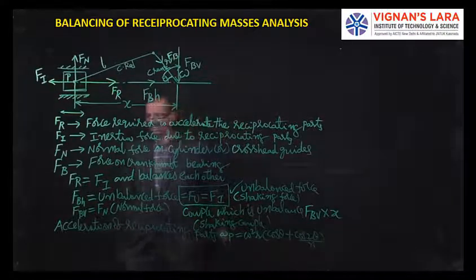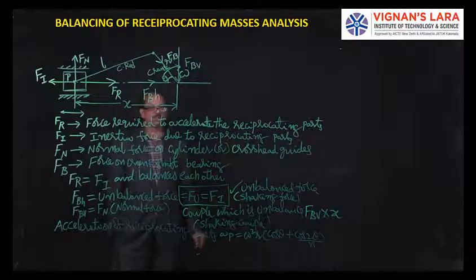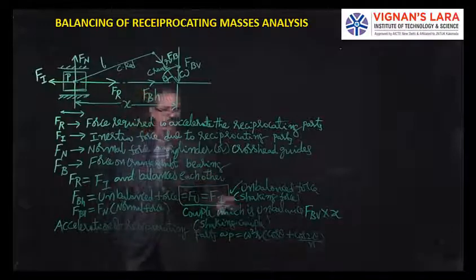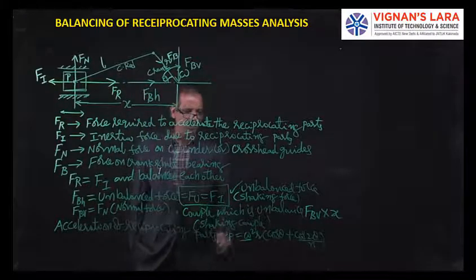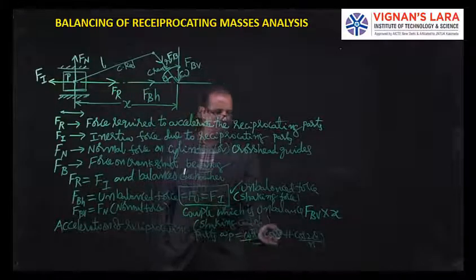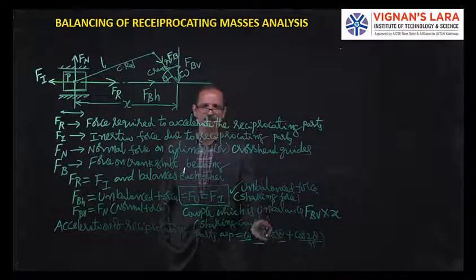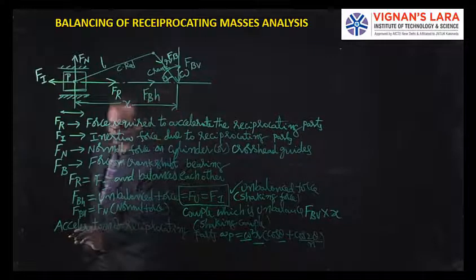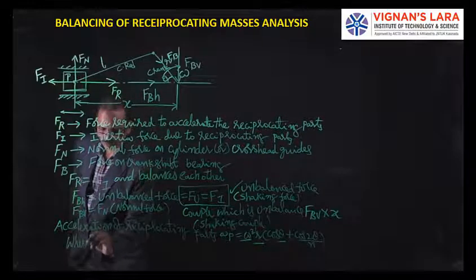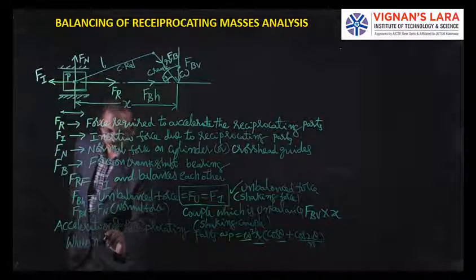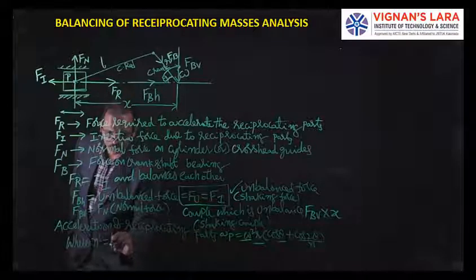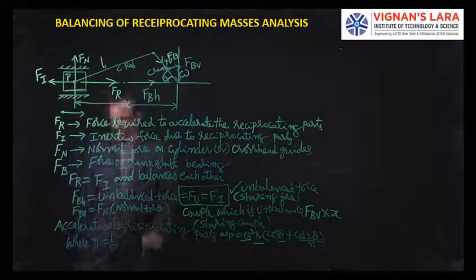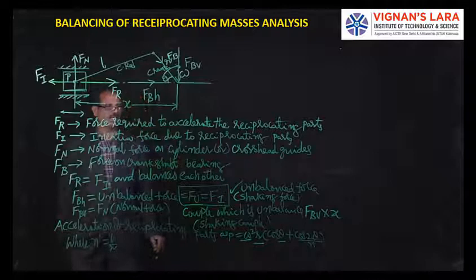This equation is very much familiar to you. What are the terms here? Omega is the angular velocity, r is the radius of the crank, theta is the angle made by the crank with the line of stroke, and n is equal to L by R, that is the ratio of the length of the connecting rod to the radius of the crank.